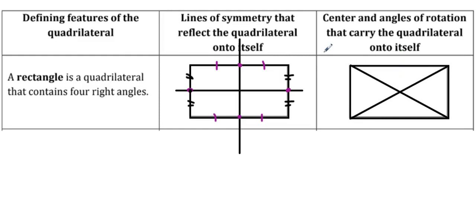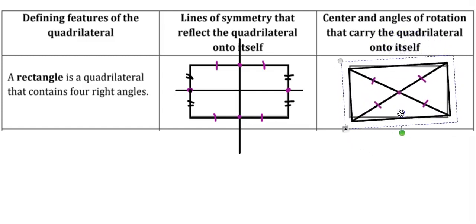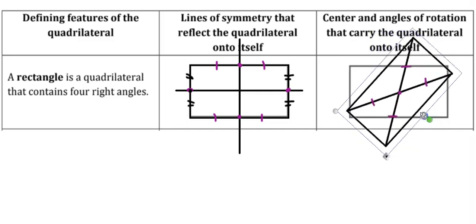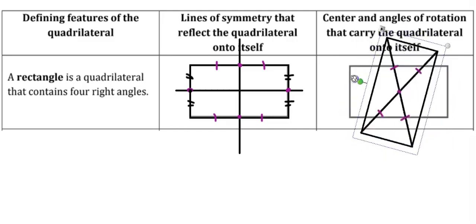I also can tell from my rotation that this intersection point of the diagonals is the midpoint of my diagonals. I know that because when I rotate, they coincide.